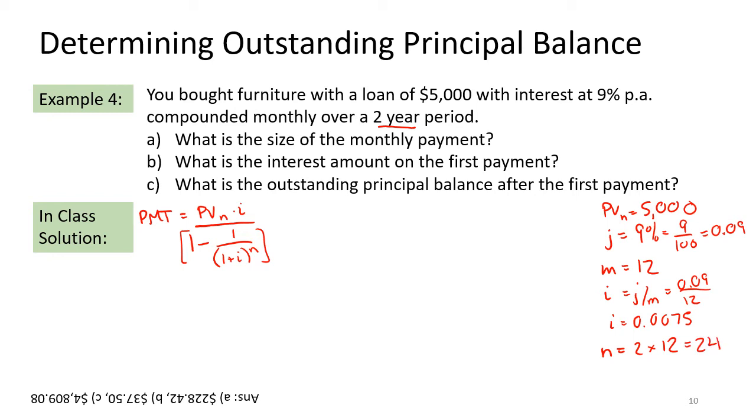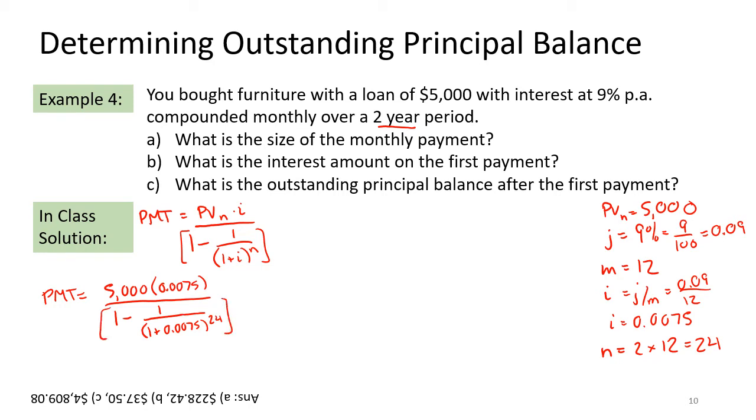Okay, substituting these values in, our payment is equal to our present value, $5,000, times our periodic interest rate, which in this case was 0.0075, divided by 1 minus 1 divided by 1 plus the periodic interest rate, 0.0075, to the exponent 24.